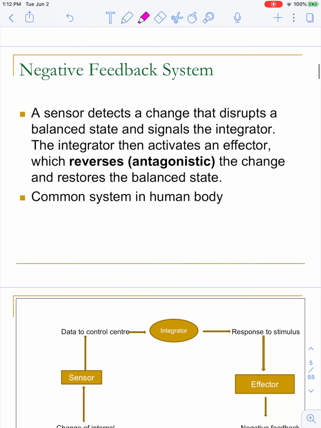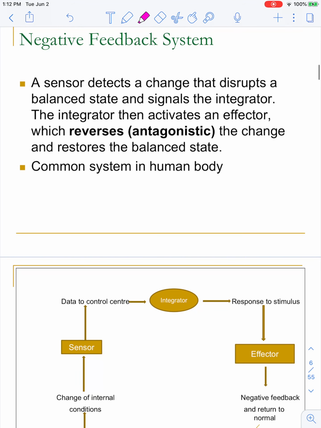So a negative feedback system works by a sensor detecting a change that disrupts a balanced state, signals the integrator, and the integrator activates an effector which reverses, okay? So negative feedback systems are antagonistic. So they do the opposite of what is making the change.